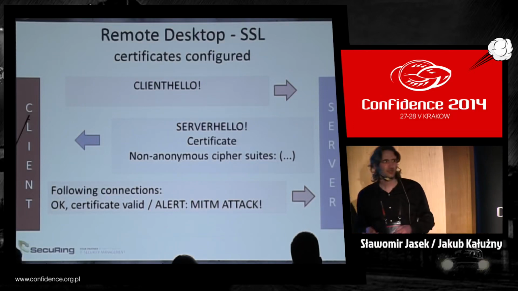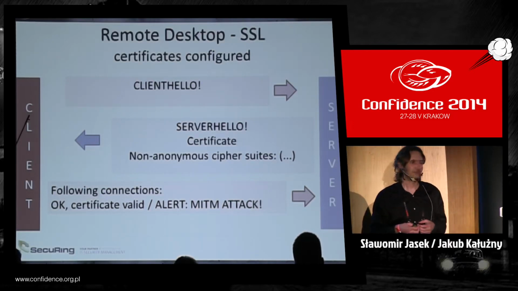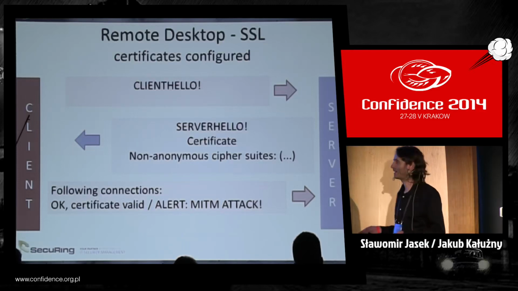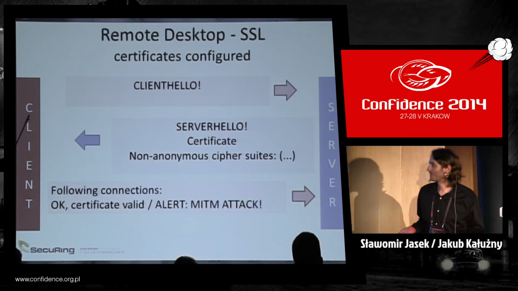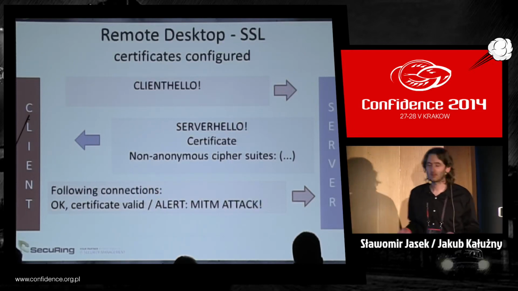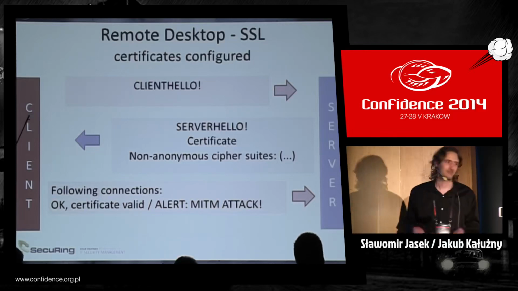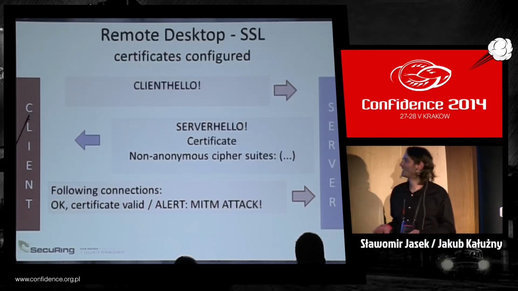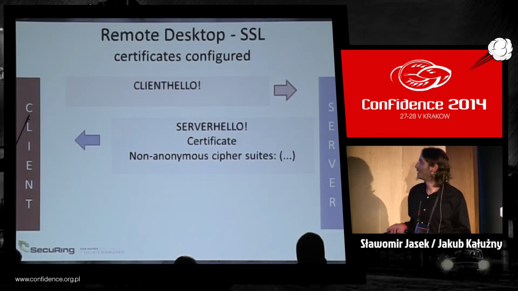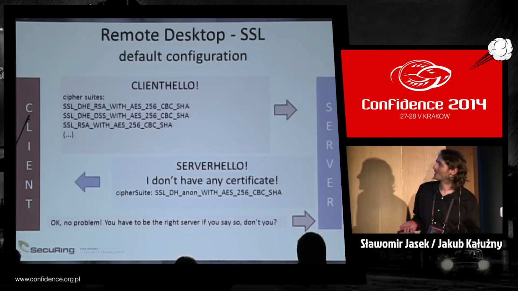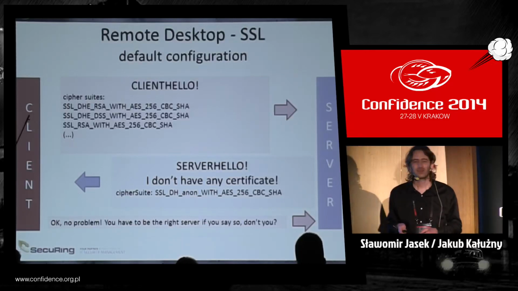Well, the certificate check, let's assume the certificate check was okay. I mean, properly configured in a safe environment. In subsequent connections, it was compared with the stored version from the first connection. Well, do you remember the first configuration?